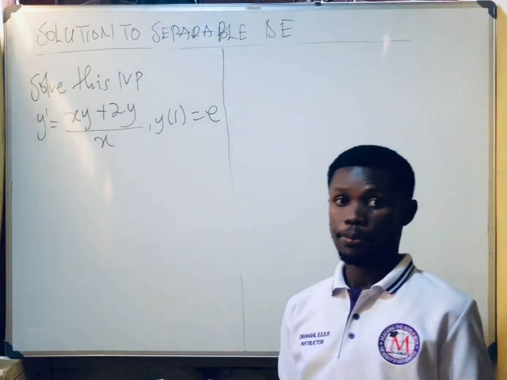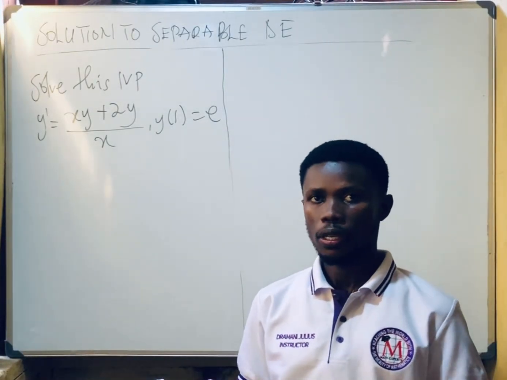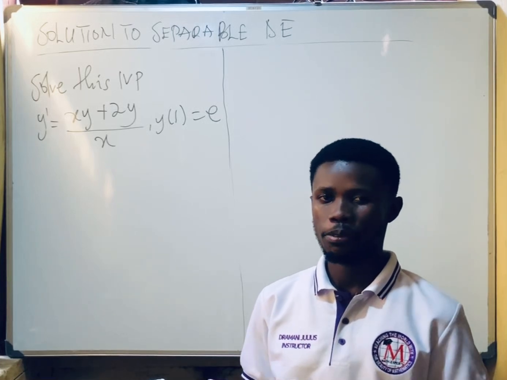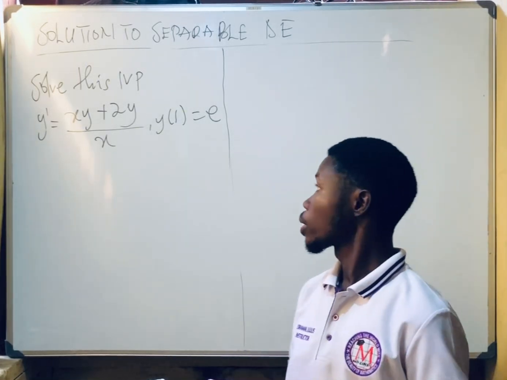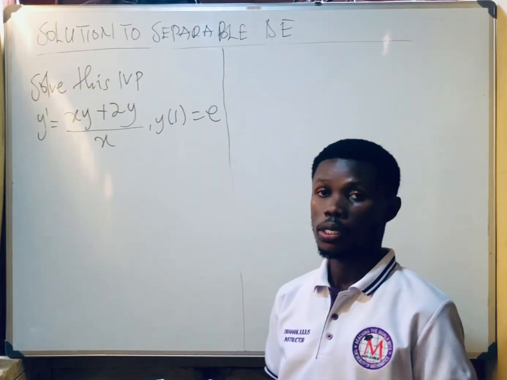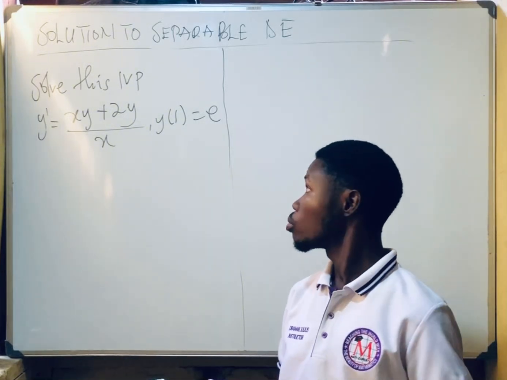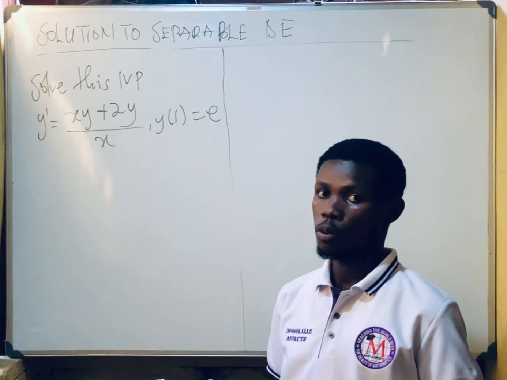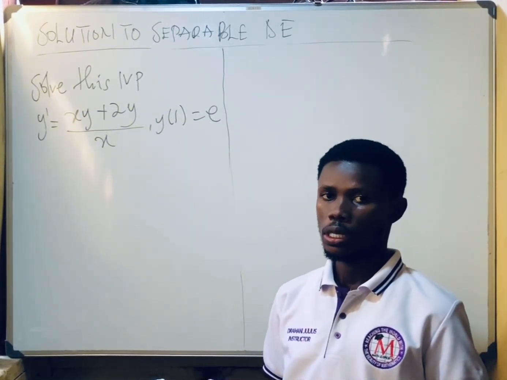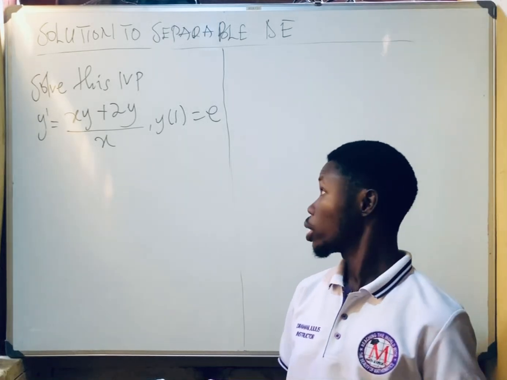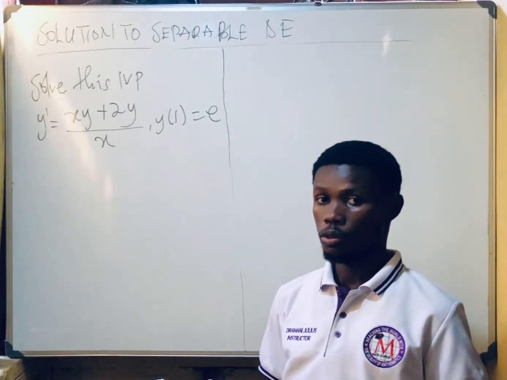Okay, so guys, let's look at this one, the last example, then you move forward. This example is also an initial value problem, and it is a particular solution because the condition has been given to us.